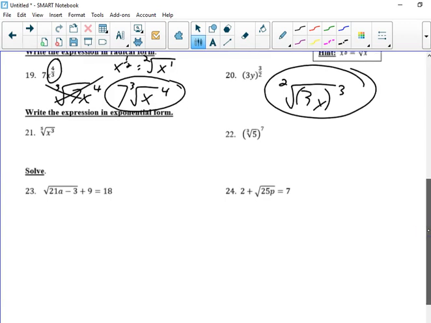Now go in the opposite direction. Again, numerator, denominator. That's it. So we get the 5. Numerator, denominator. Okay?